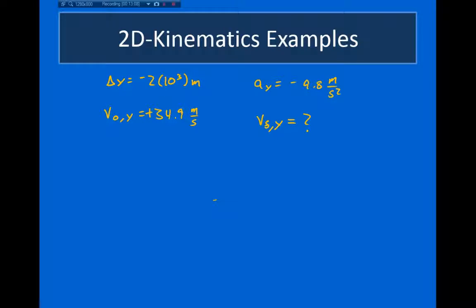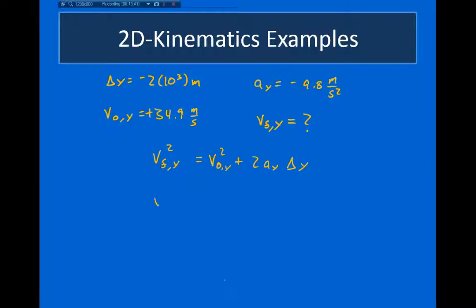Looking at our knowns and our unknown values, we don't have anything about delta t in here. We were given delta y, we were given our initial velocity, and we're trying to solve for the final velocity. So the kinematic equation we want to use is v final y squared is equal to the initial velocity squared plus 2a delta y. Notice that as I write this equation, I use the subscript y's to indicate that we're talking about the y direction of the motion.